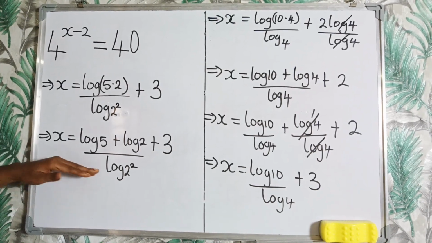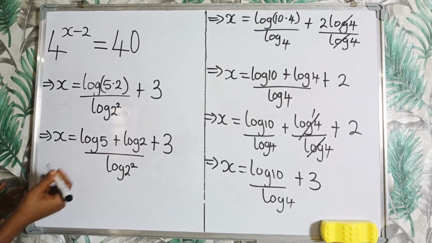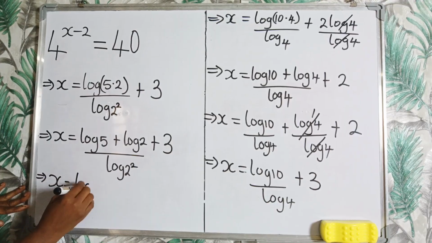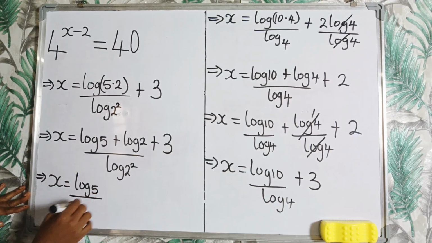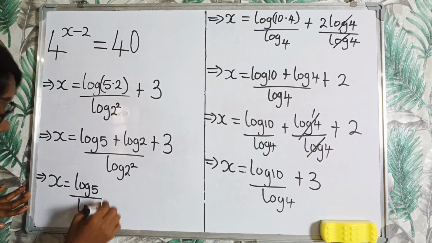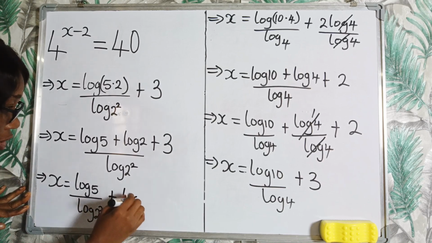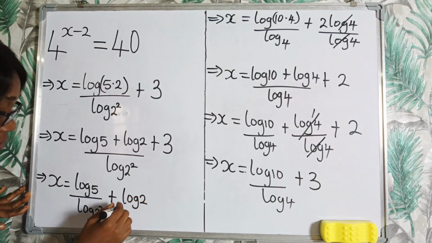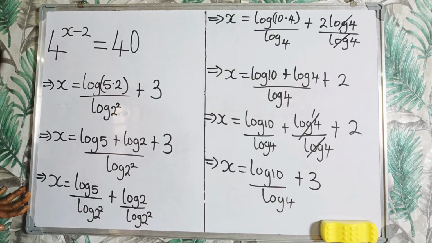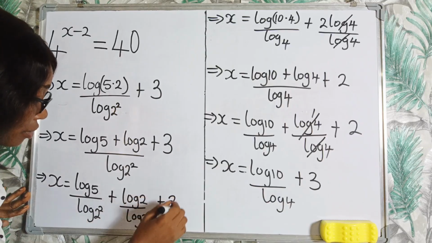So we can split this fraction. So splitting this fraction, we are going to have x is now equal to log 5 divided by log 2 to the power of 2 plus log 2 divided by log 2 to the power of 2 plus 3.